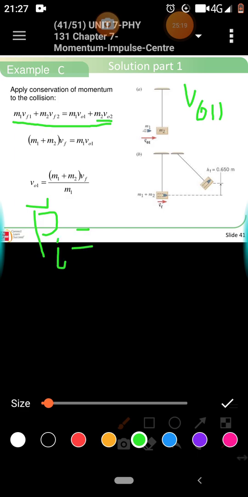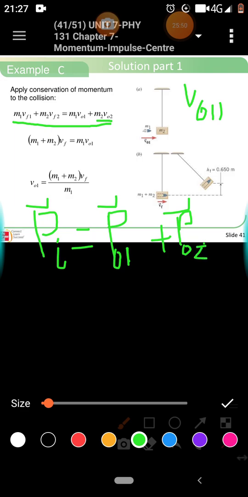We need to add the two momenta. Initially 1 is the bullet and 2 is the wood. For initial we'll use 0, as they've used here.